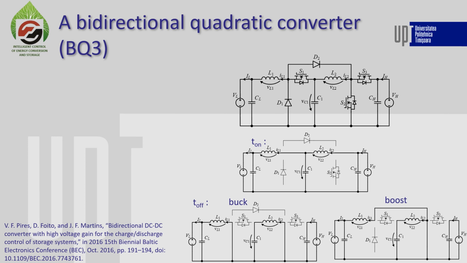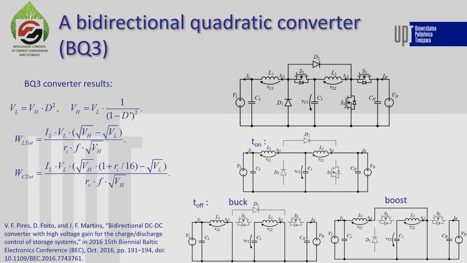Even if they seem very much different, the two equivalent schematics from the electrical perspective are actually the same. We have here the inductor connected to the ground, and here the inductor is connected through the diode also to the ground, so electrically we have the same connections.